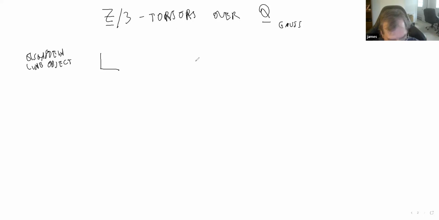So we're going to have L tensor to the third power over the Eisenstein field, and that's going to have this frame or whatever we call it.